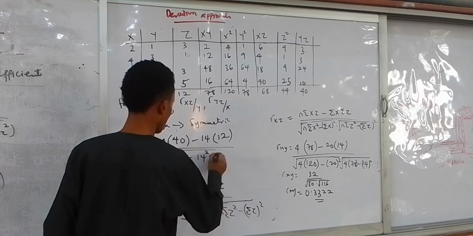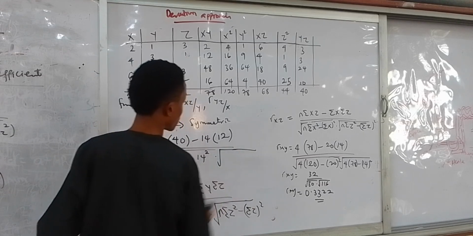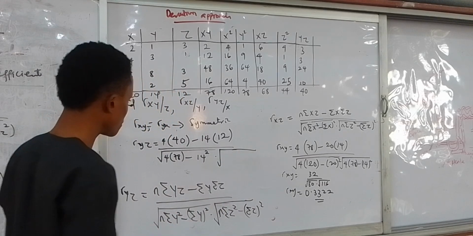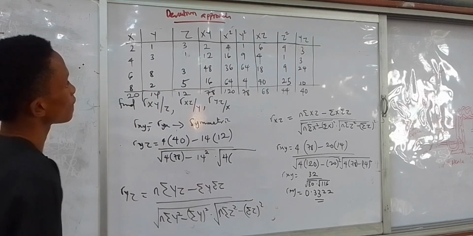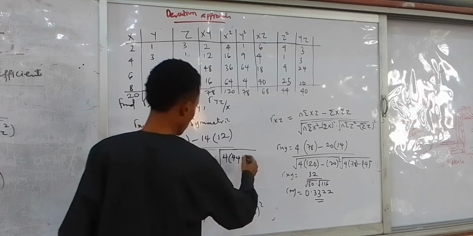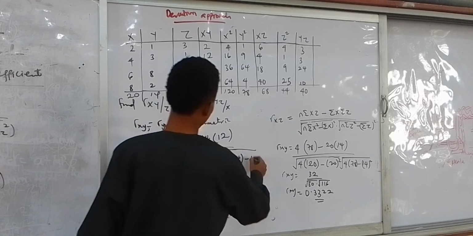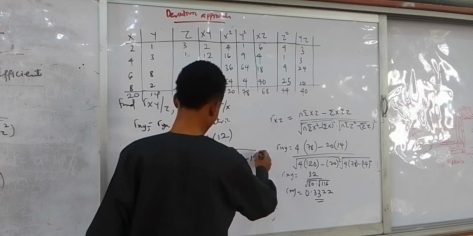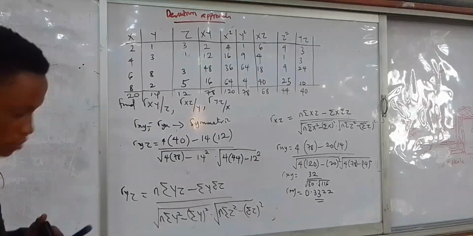Okay, multiply it again by 4 into brackets summation z squared, that's 44, minus summation z, 12, raised to power 2.